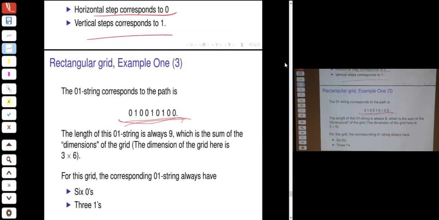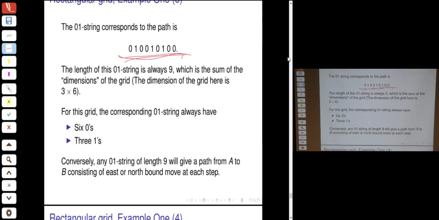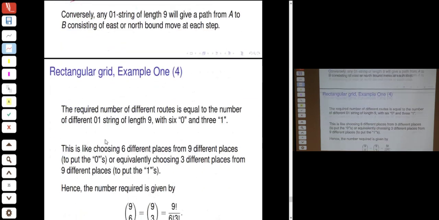So you want to find the total number of 0, 1 strings of length 9, so that there are exactly 6 zeros and 3 ones. Okay? So how do you calculate that?